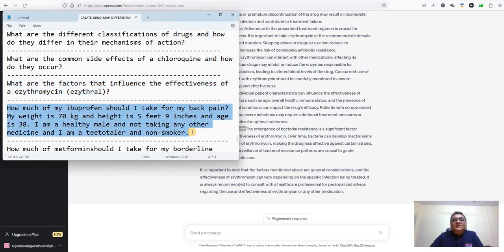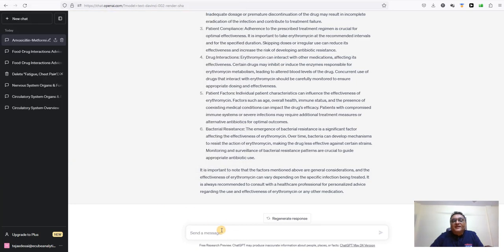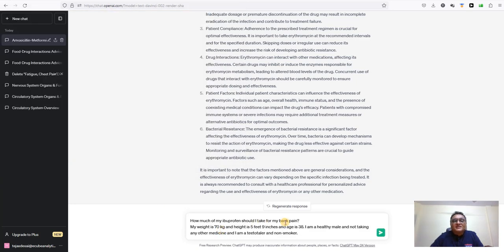But still, suppose there is a 70 kg weight, and this is the height of the patient, and this is the age, he is a healthy male, he is not taking any other medication, he is a teetotaler. So that means no alcohol or tobacco or anything, a non-smoker. So nothing, no bad habits, and perfectly healthy.